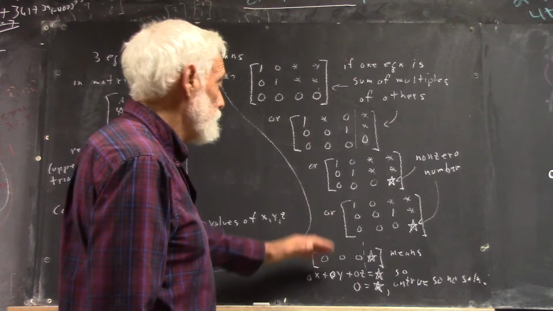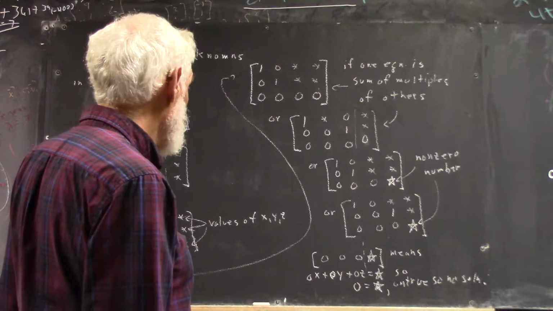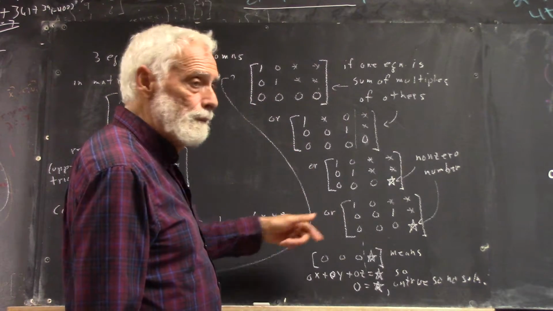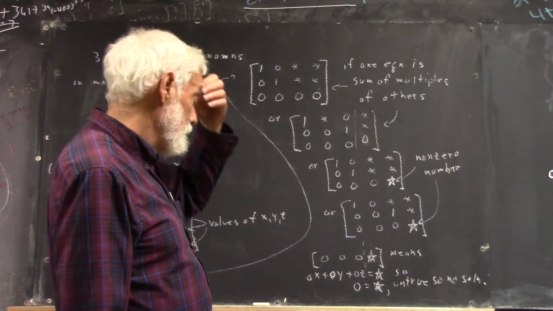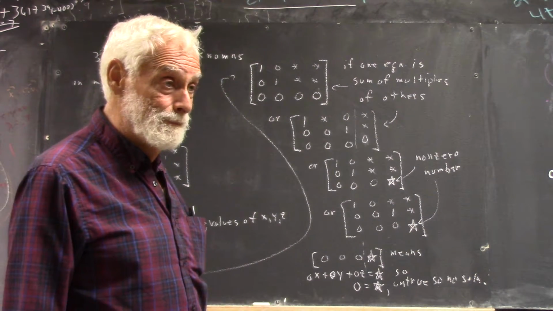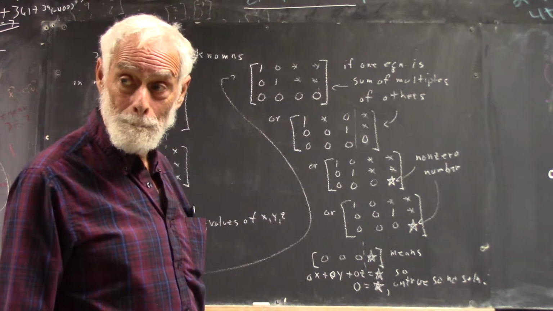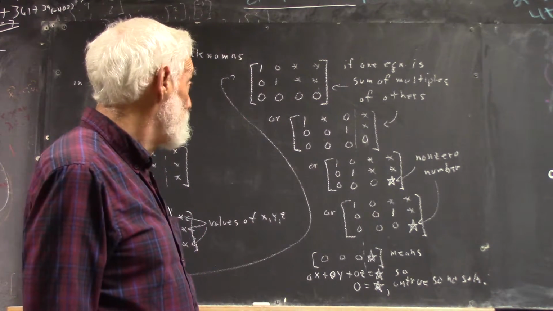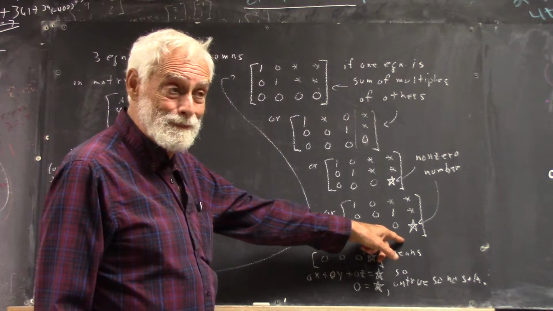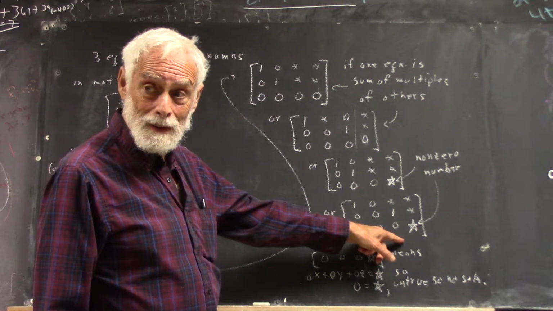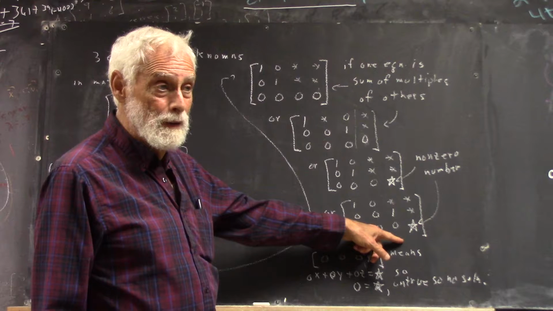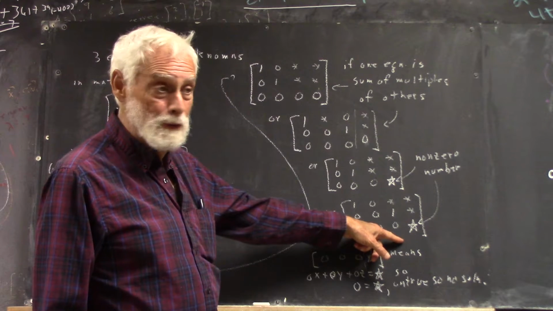But this whole reduction scheme tells us things. Geometrically, any of these tells us that two of the planes are parallel. Having a non-zero here means that the third is parallel to one of the first two.